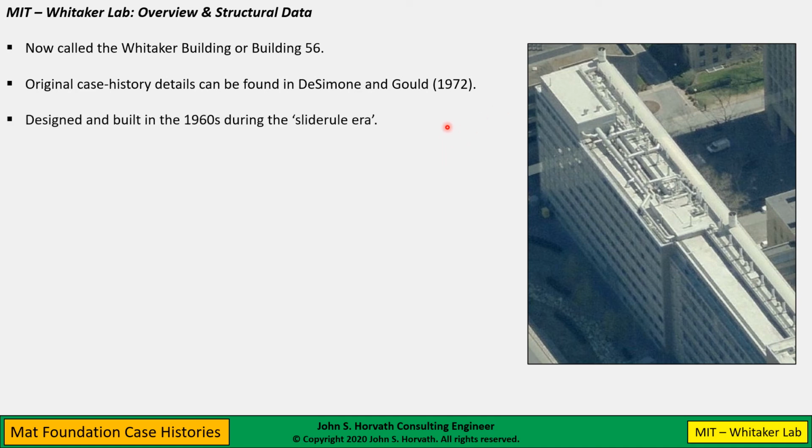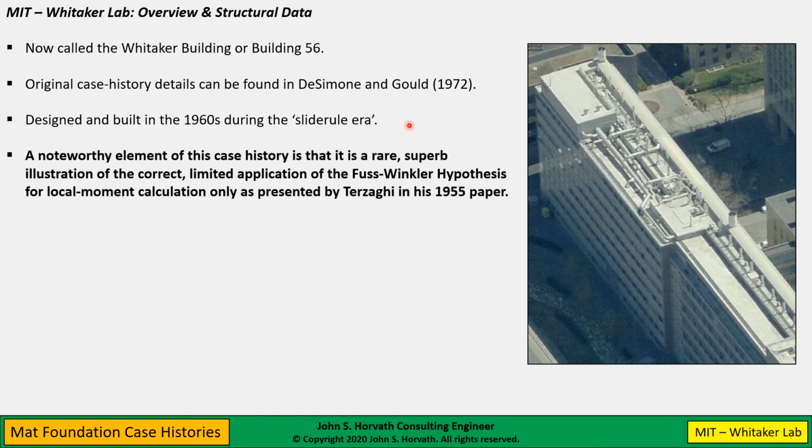This building was designed in the 1960s during the slide rule era. And really the most noteworthy thing about this case history and the paper written by D'Simone and Gould is that it is a really superb illustration of the correct interpretation of Terzaghi's 1955 paper.